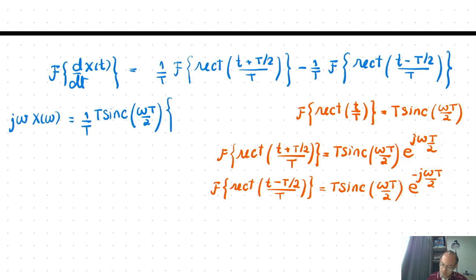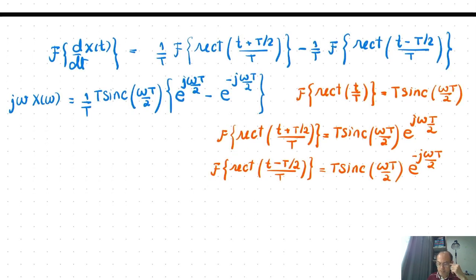So we have e to the j omega big T over 2 minus e to the minus j omega big T over 2. Okay, so we get this.